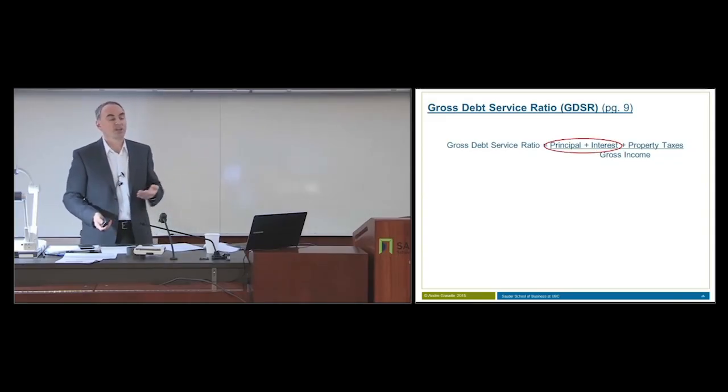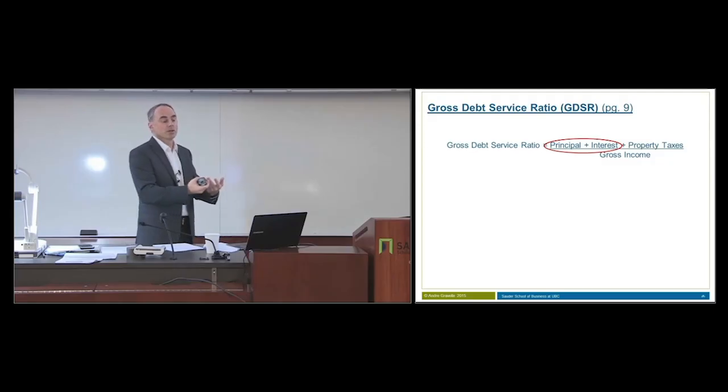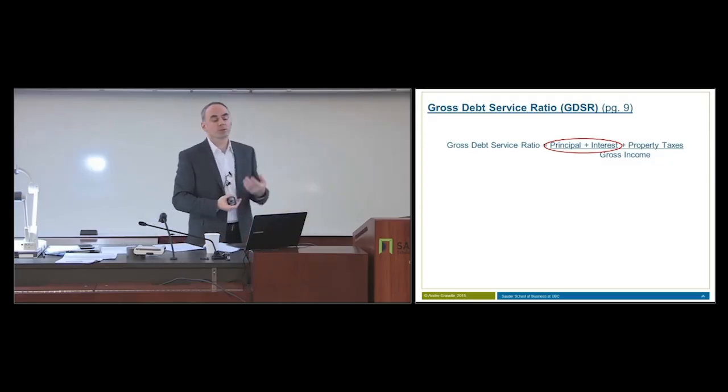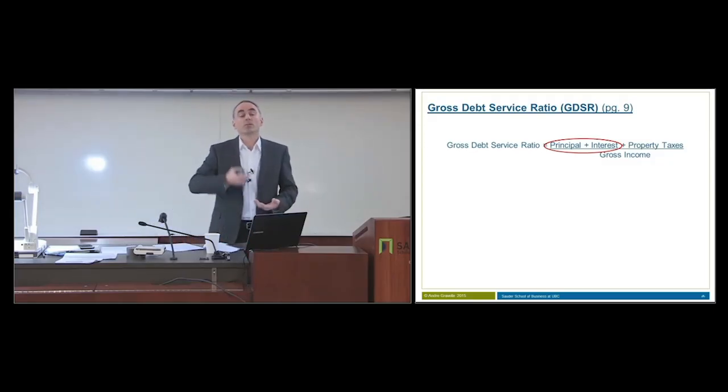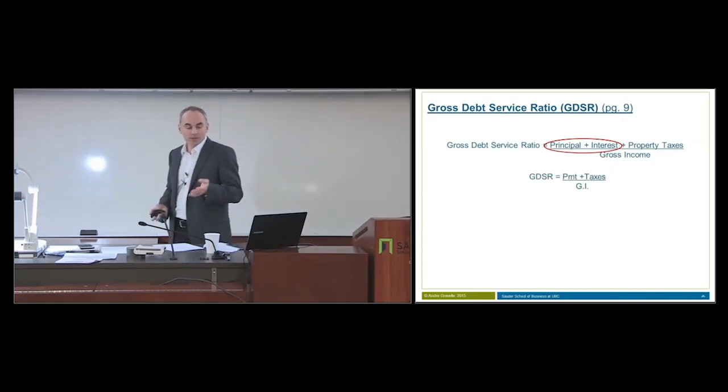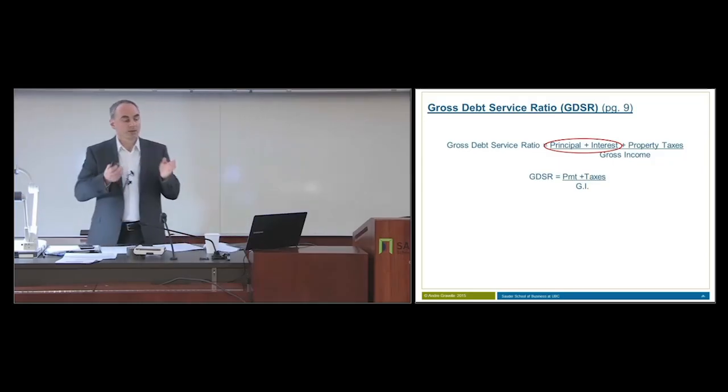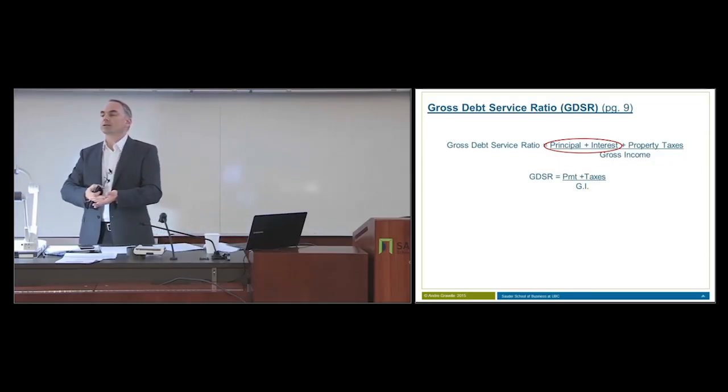And of course, principal plus interest is just your payment. So the gross debt service ratio is equal to your mortgage payment plus property taxes divided by your gross income. So we can abbreviate this a little bit more and simply say the gross debt service ratio is equal to your payment plus property taxes divided by gross income.